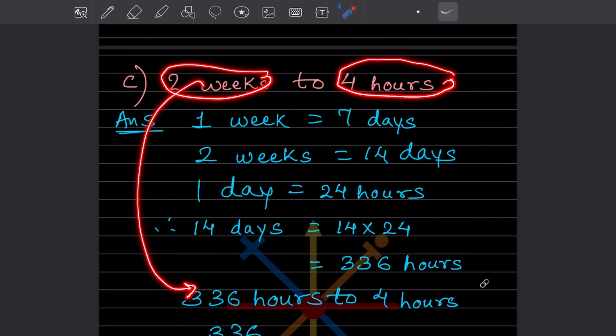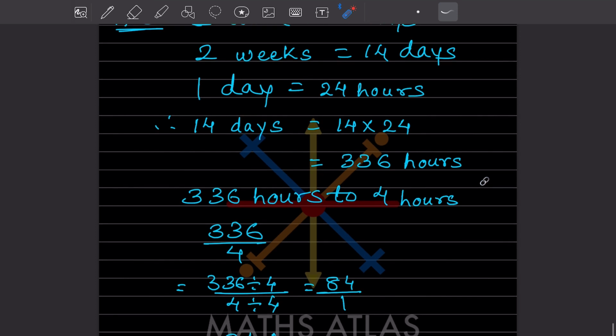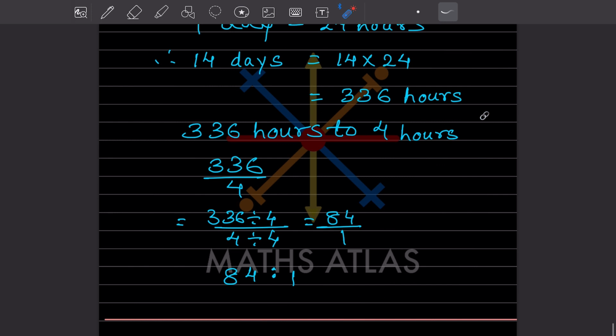So 336 hours to 4. Again, if you want, you can write 336 is to 4, or just write like this. You are going to divide this. Again, what I did, I divided by 4. You can also divide by 2, but the number of steps is going to be more. So that is 84. When you divide this by 4, that is 84 divided by 1. So that is nothing but 84 is to 1.